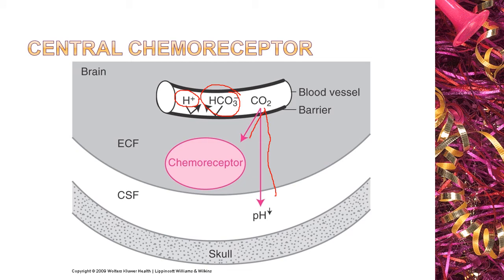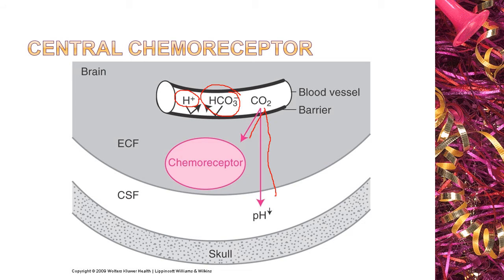So you can see here it diffuses out, and you know that in your body there's fluid, there's water, and when it comes out, it combines with water, and the same reaction occurs. So carbon dioxide combines with water, then it becomes carbonic acid, and then it dissociates into bicarbonate and again a proton. And you know that a proton is H plus, right?